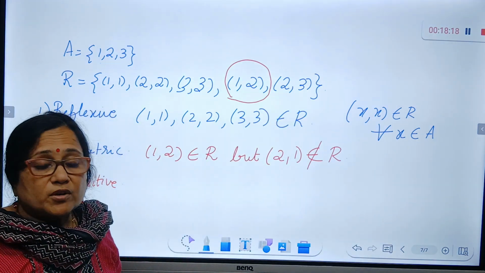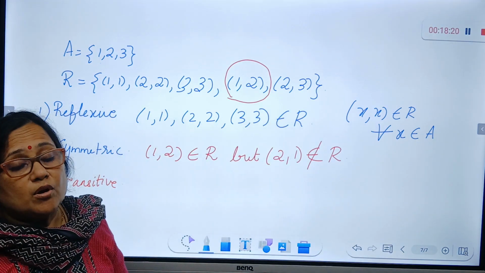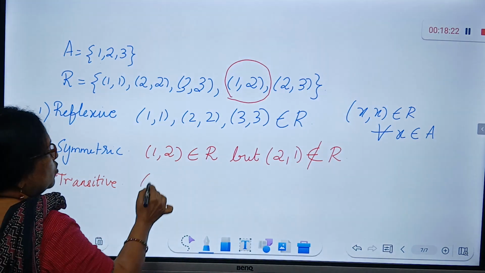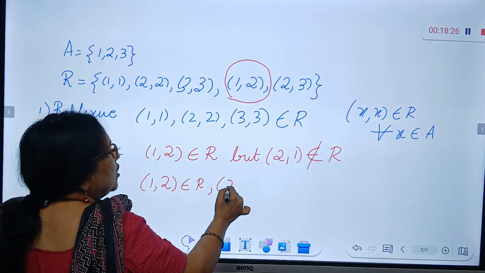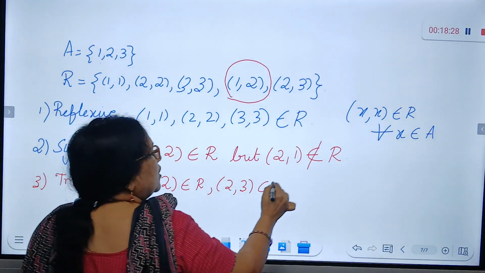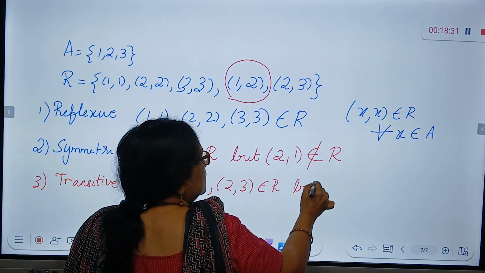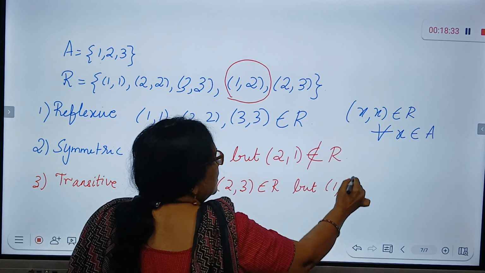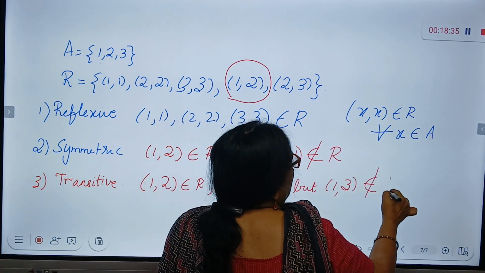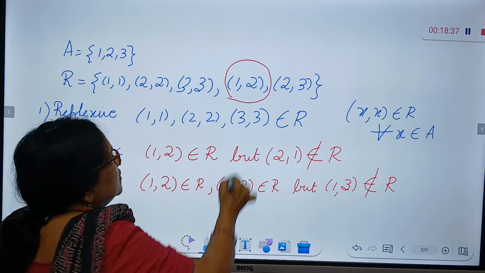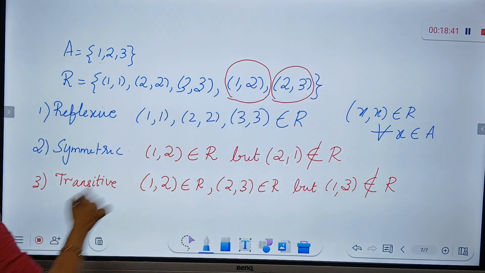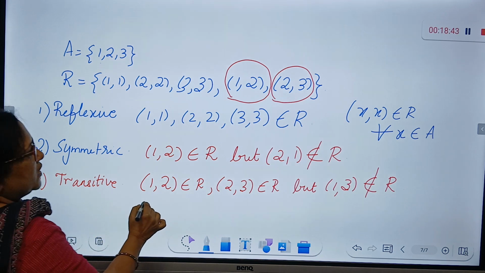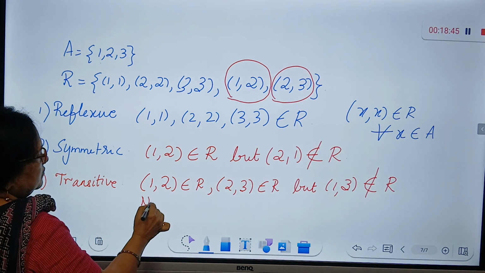You have to ask, does (1, 3) belong to R? (1, 2) is there, (2, 3) is there, but (1, 3) is not there. Therefore, it is not transitive.